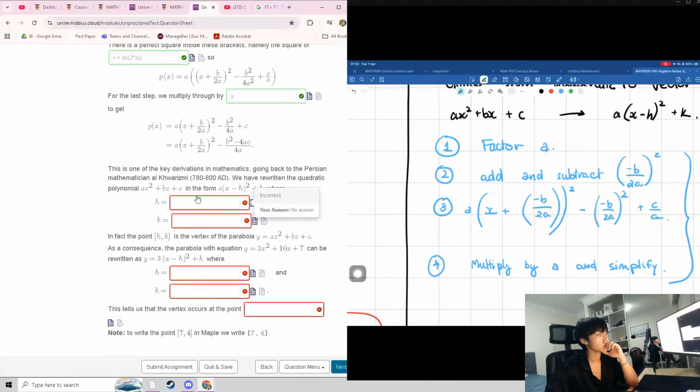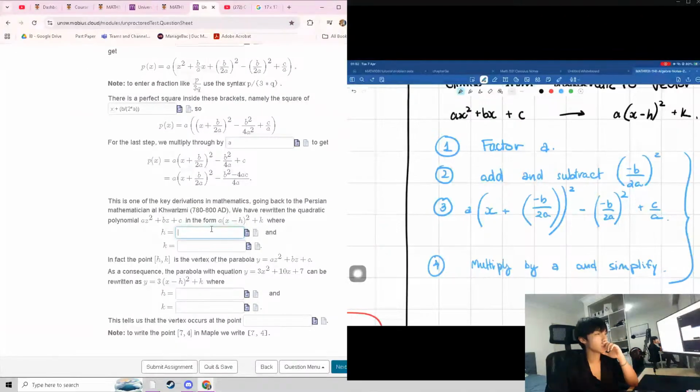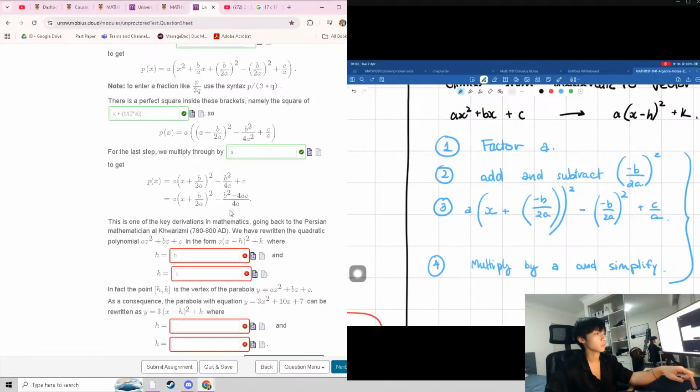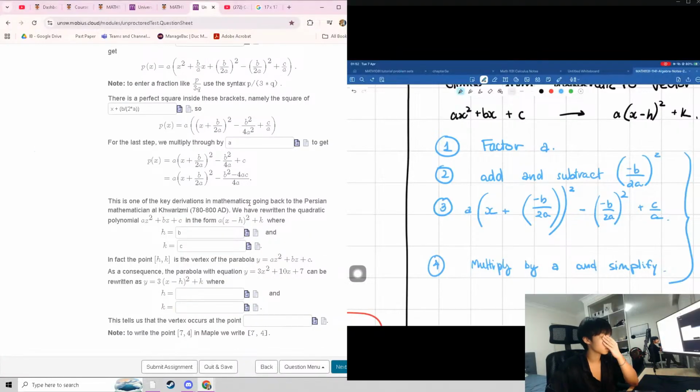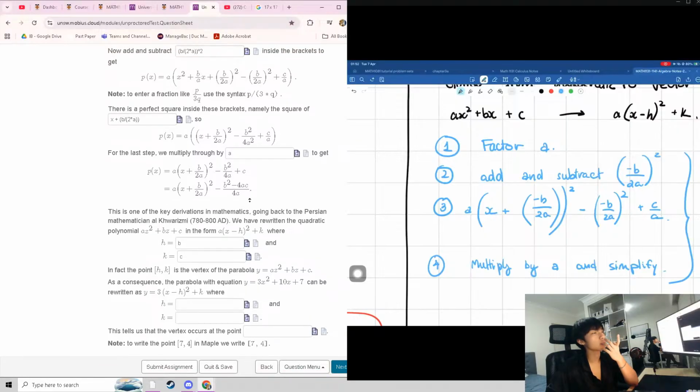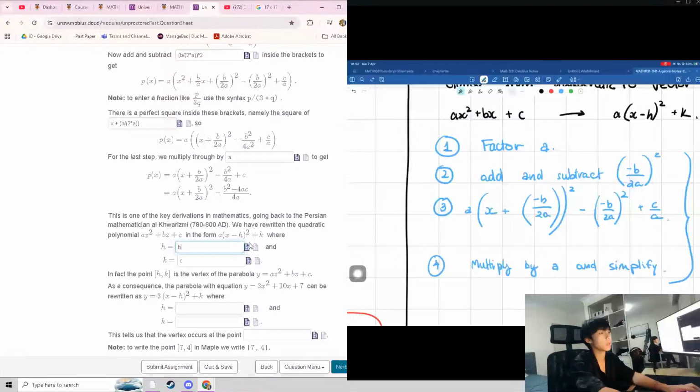Where h is equal to b, pretty sure. Nope. I forgot. H is our perfect square, so h is that. It's this big number, but it's basically minus b over 2a.